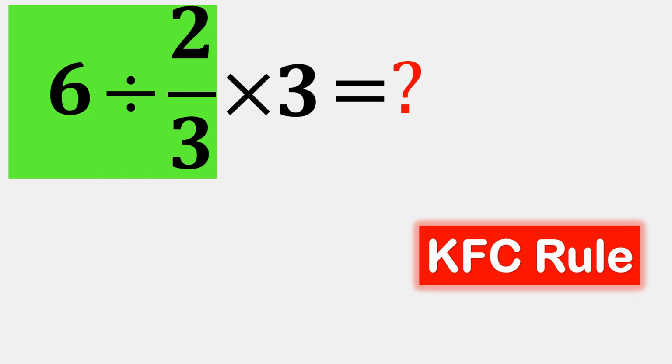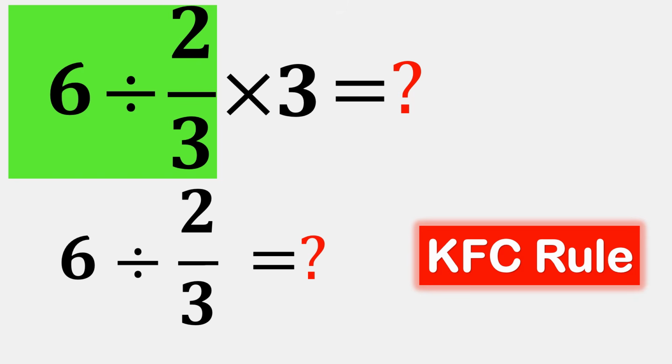Now, let's go back to our problem. 6 divided by 2/3. According to KFC, we just keep the 6. Flip the second fraction to make it 3 halves. And finally, change the division to multiplication. The final expression becomes 6 times 3 halves. Now, just multiply 6 by 3, which gives us 18, and the denominator stays 2.